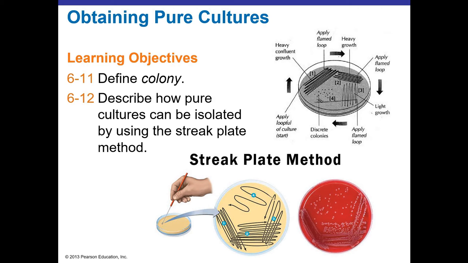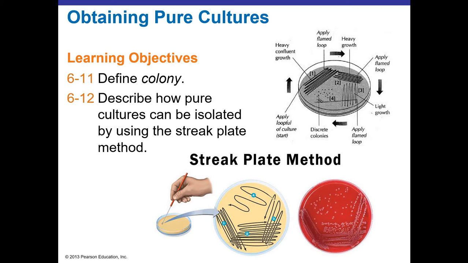The only way that you can identify a bacteria is to only have one culture, one organism present. And so therefore, it's very important that a microbiologist is able to quickly obtain a pure culture. We define a pure culture by getting that from a single colony.